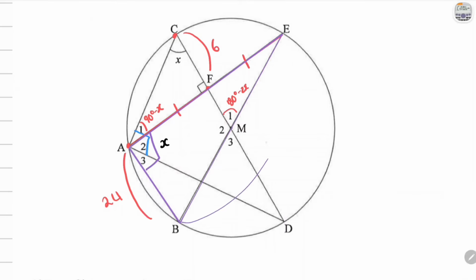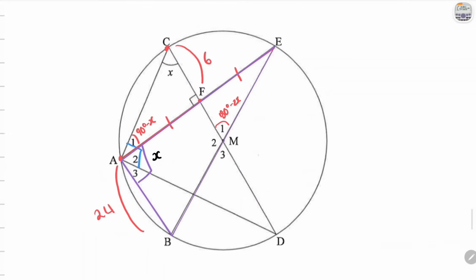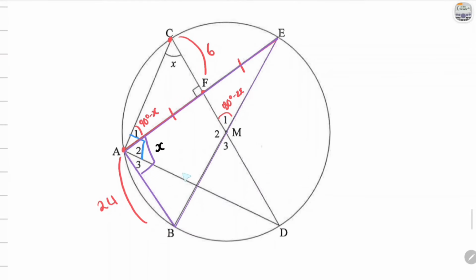They're supported by a diameter. So that's something we can state, so that we can focus on that right angle triangle. And in this right angle triangle, we have been given the length of AB. So if we have to find AE, the only thing we need to know is the length of BE. If you know BE, and since we have AB, we can use Pythagoras to solve for AE.